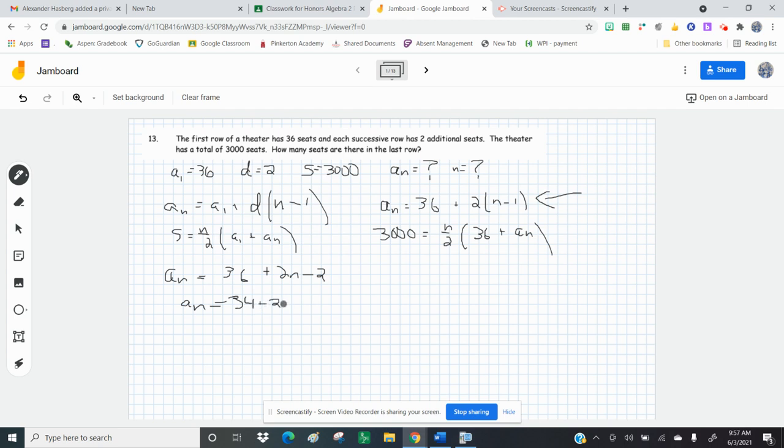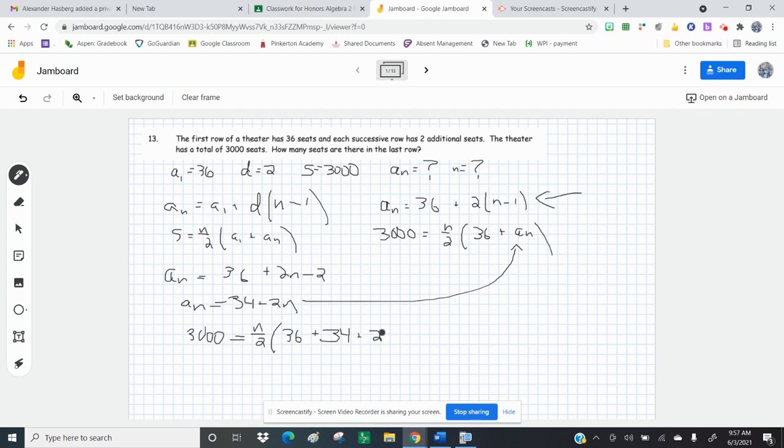So I can now take this expression or this equation here, and I can substitute it in here. So I'm going to have 3,000 equals, n is still my variable, n over 2, times 36, which is my a1. But now instead of putting an, I'm going to put 34 plus 2n.